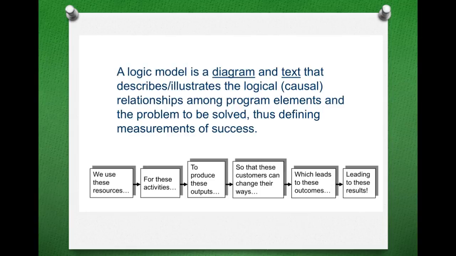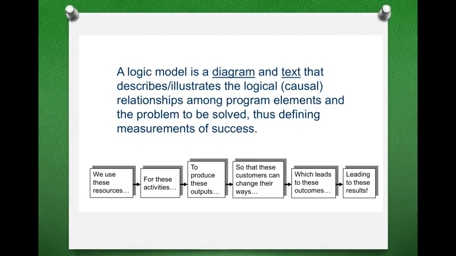I'm going to keep bringing up the logic model and probably try not to repeat myself here, but I want to present this in as many ways as I can for you. A logic model is a diagram and text that illustrates causal relationships among program elements. So you can see logically what's going to happen.